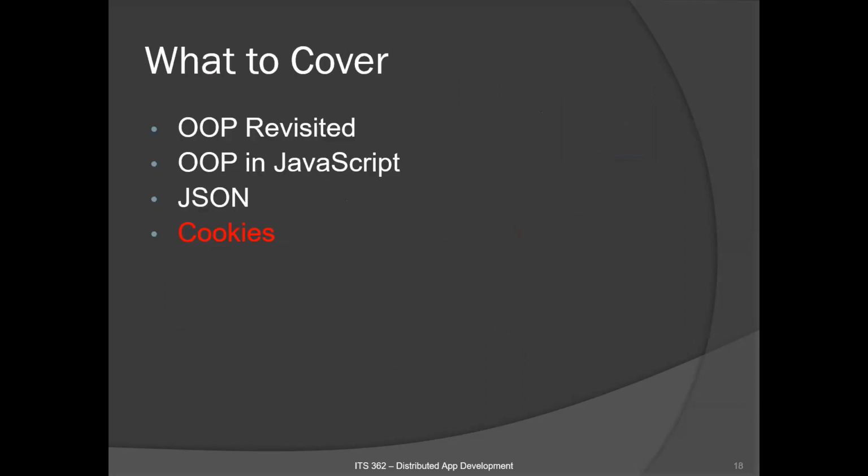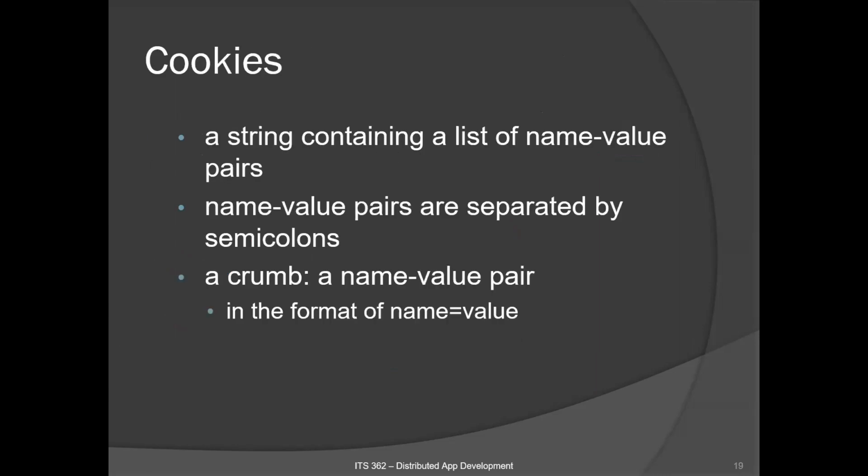All right, and then there's cookies. So cookies are basically, as I said, part of the DOM, the document object model. So whenever you have an HTML page, you have a DOM object.